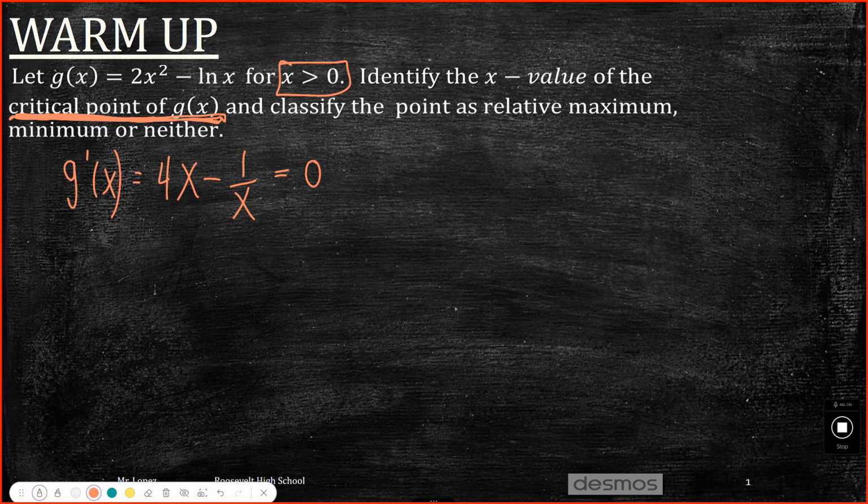So how do we solve this? Move this over to the other side. 4x equals 1 over x, and cross multiply.